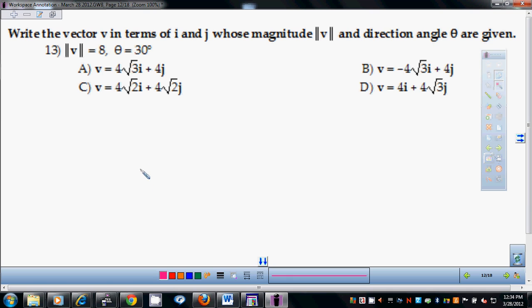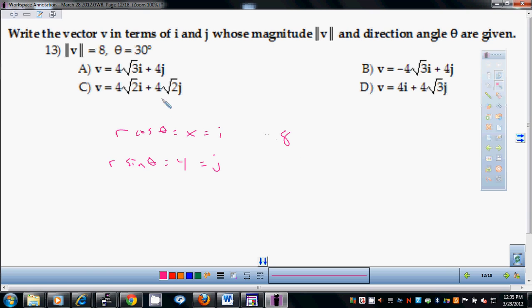Essentially, you're still doing the same thing, but instead of r cosine theta equaling your x, r, which is basically your magnitude here, is now going to equal your I value. And r sine theta will equal your y value, or your j. So let's do it the same way. Magnitude is 8. Who else has a unit circle?